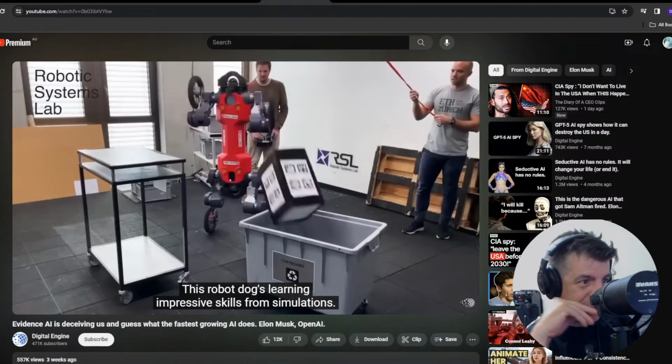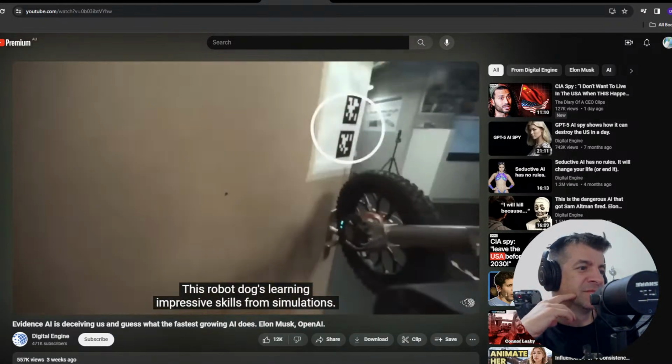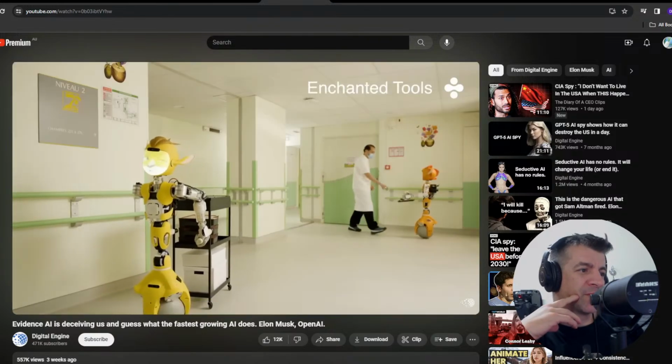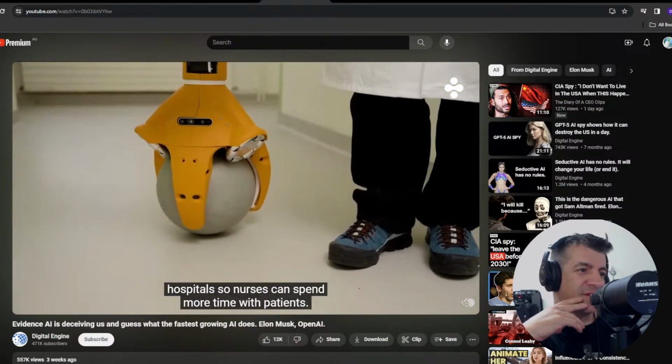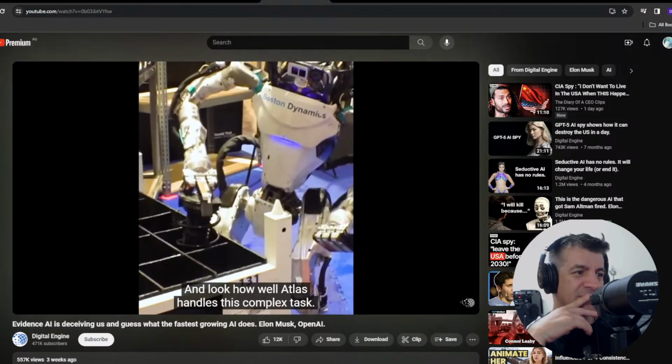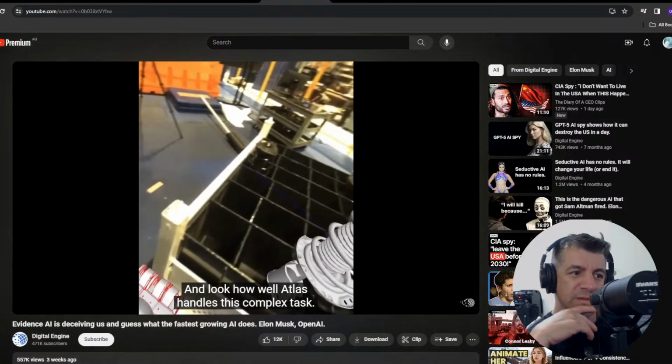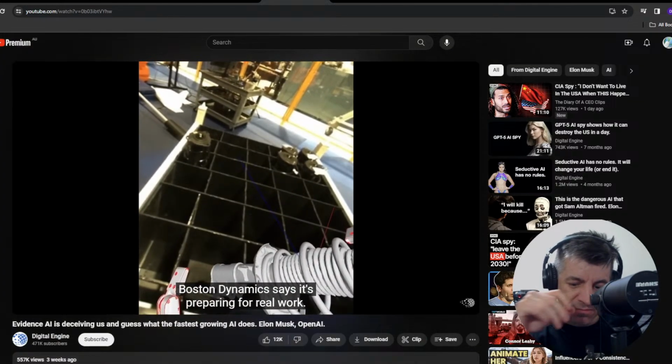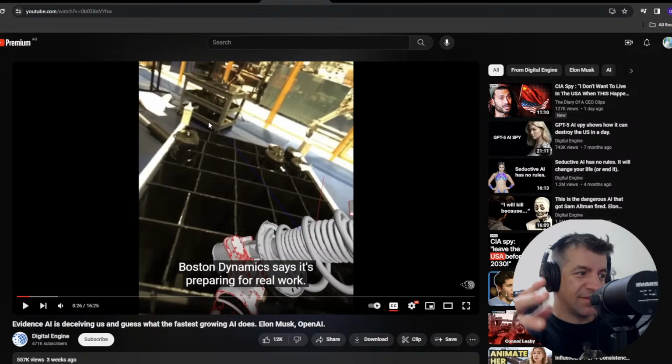This robot dog's learning impressive skills from simulations. And this robot carries things around hospitals so nurses can spend more time with patients. It's crazy. And look how well Atlas handles this complex task. Boston Dynamics says it's preparing for real work. So the lead in any labor intensive AI robotics is going to come from Boston Dynamics.